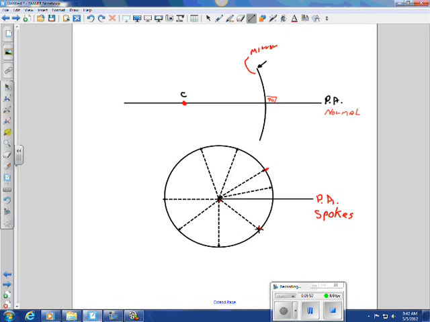Every one of these spokes forms a normal. So this is 90 degrees. This is 90 degrees. This is at 90 degrees. Even though it's a circle, remember I can magnify this a zillion times. I'll do that in a second. All these are 90 degrees.